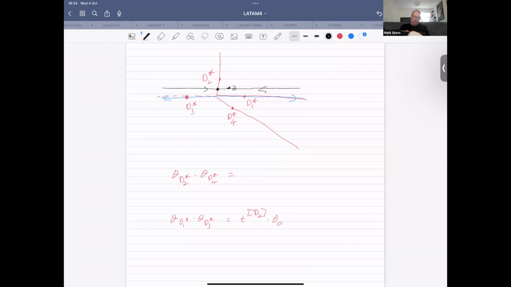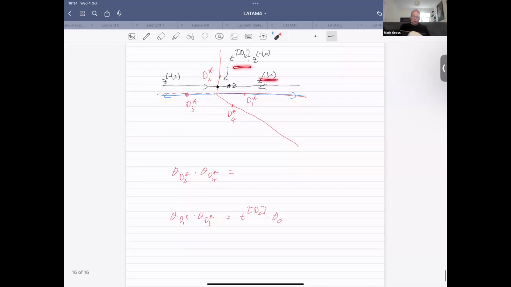Here we had Z to the 1, 0, the attached monomial. Here we have Z to the minus 1, 0. But when we cross the wall, we actually pick up a copy of T to the D2 as a coefficient of Z to the minus 1, 0. That's simply from the slightly more complicated equation we have for the local models near these codimension 1 walls.